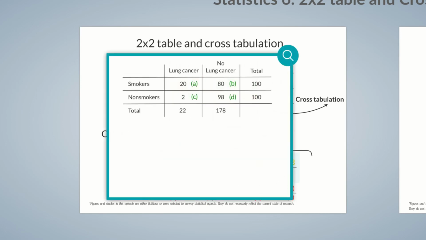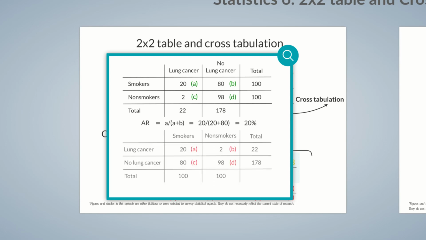For example, imagine that you've learned the formula for calculating the absolute risk, A divided by A plus B, or 20 divided by 100, which equals 20%. As is sometimes the case, a problem arises with a 2 by 2 table if it's inverted. The axes are now reversed. The smokers and non-smokers are at the top, and individuals with and without the disease are on the left of the table.